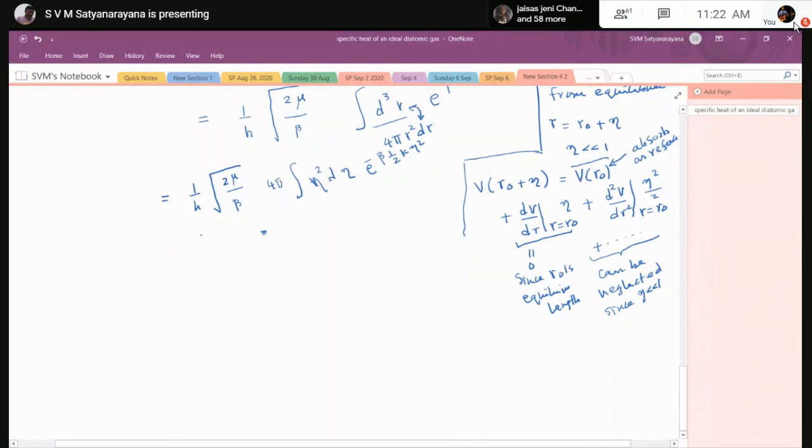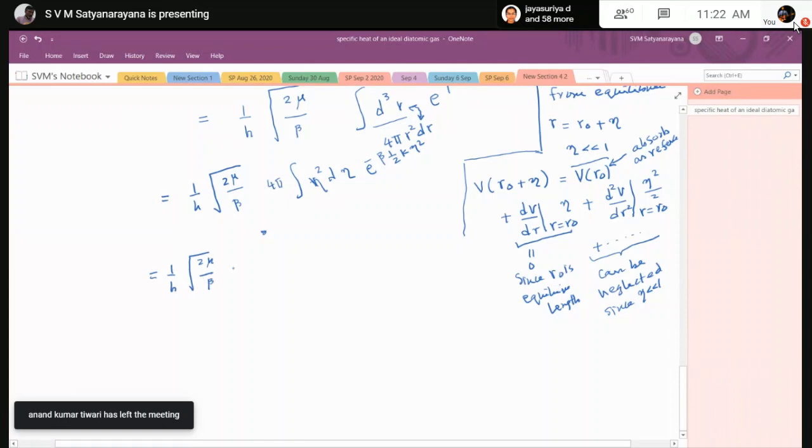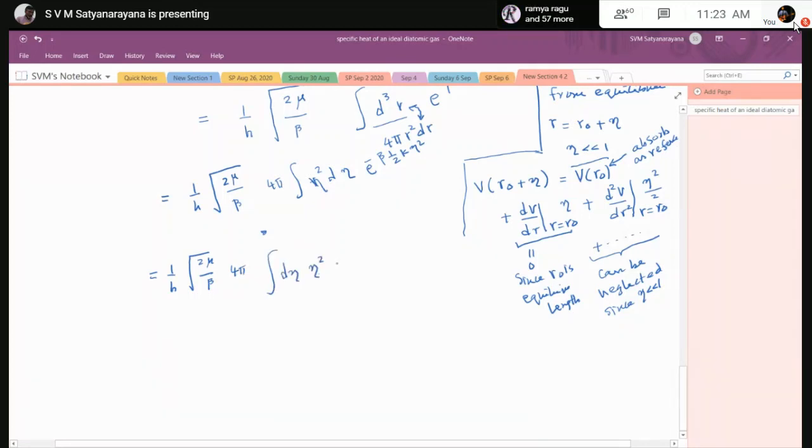So that is equal to, let me write down, 1 by h and square root of twice mu by beta and 4 pi, and integral d eta squared and e to the minus beta k eta squared by 2.